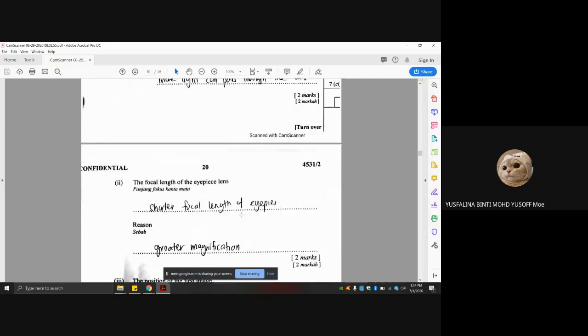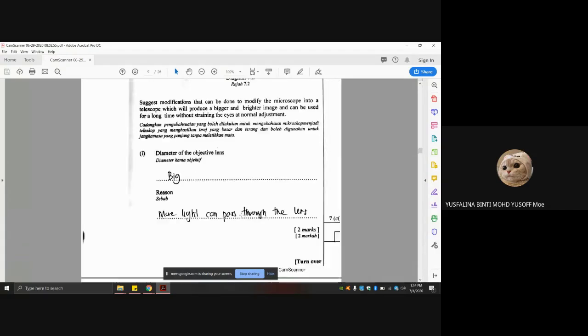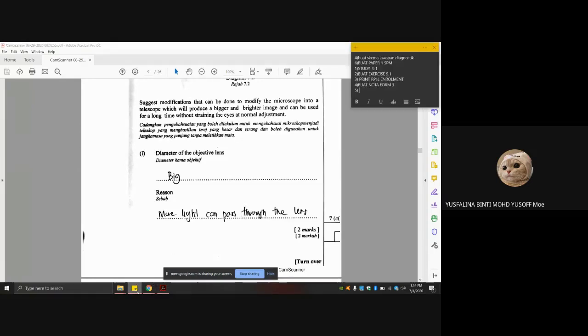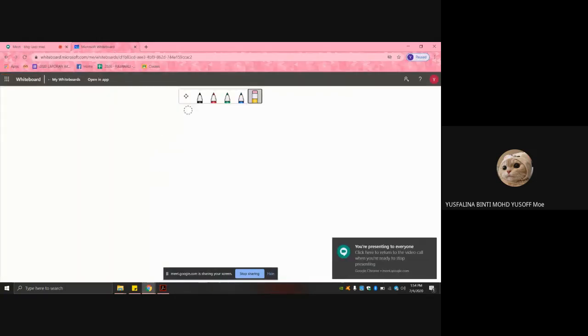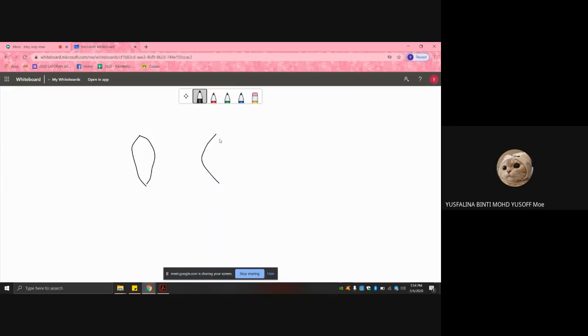Alright, the next one is the focal length of the eyepiece. The first lens is the objective lens, and the second lens is called the eyepiece lens. You use two lenses for the compound microscope.